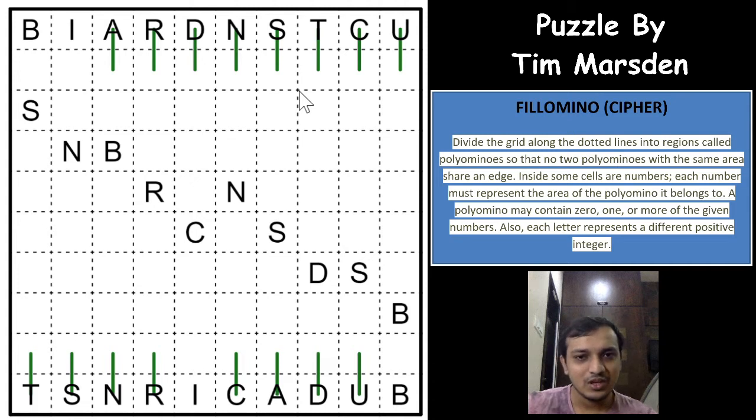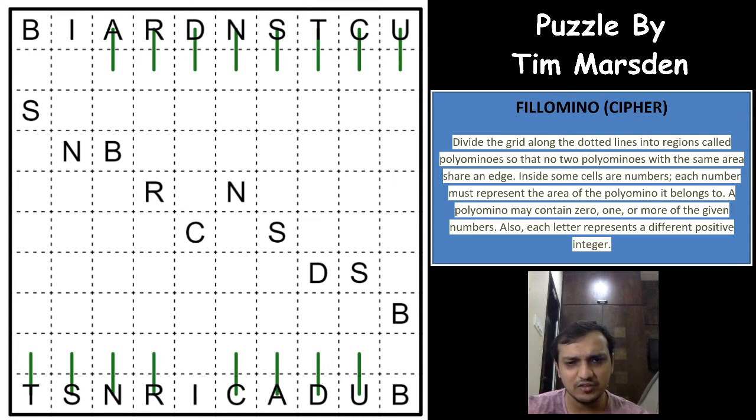If you see here, there are exactly 10 different letters used in the grid, not more than 10 or less than 10. So B, I, A, R, D, N, S, T, C, U, right? So S is here, N is here, B is here, R is also here, C, N, S, D, S and B. So all these alphabets are already used in the above row, and the same alphabets are used in the below row.